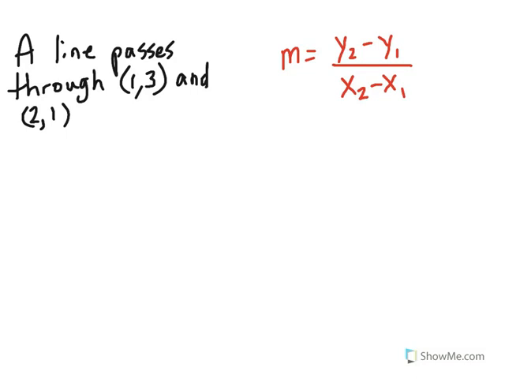So let's start by getting some intuition of this. This isn't necessarily asked for in the problem, but I think it's a good way to give us the correct direction. If we just imagine a graph right here, and we imagine the first point of (1, 3), it's going to be right about there, and then a point of (2, 1) is going to be right about here.